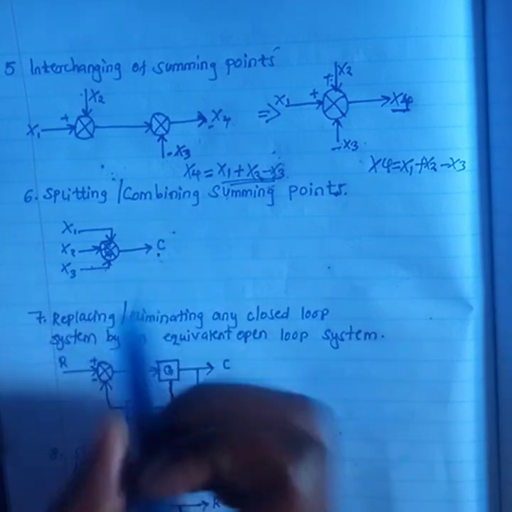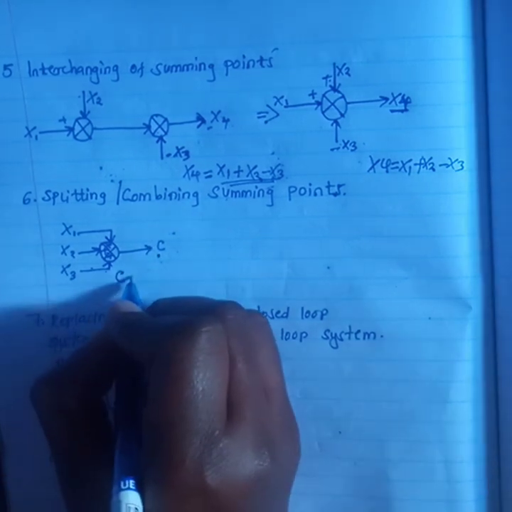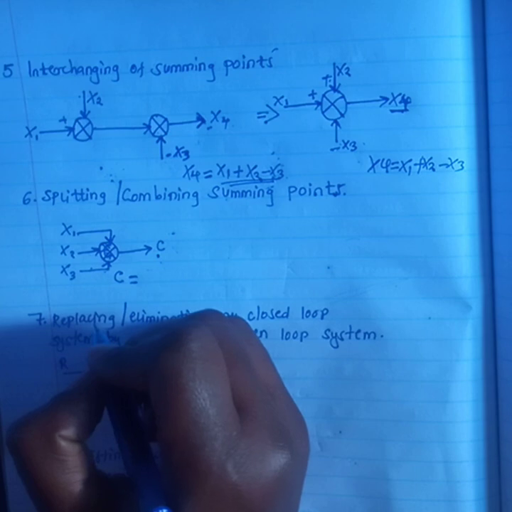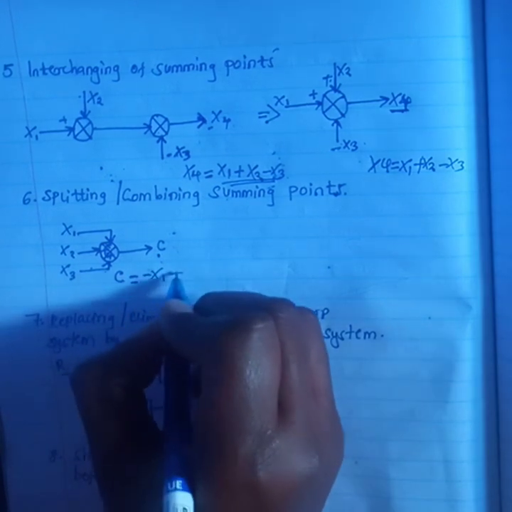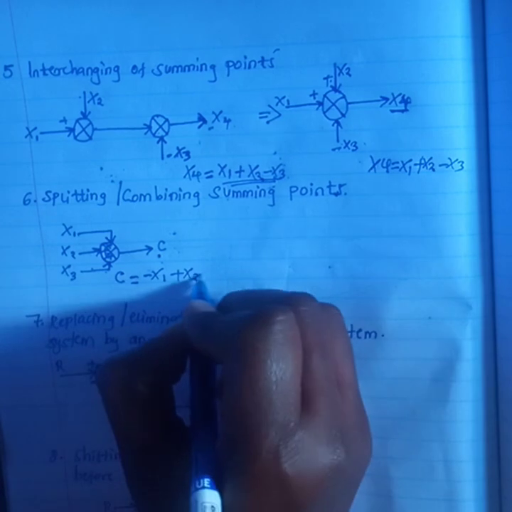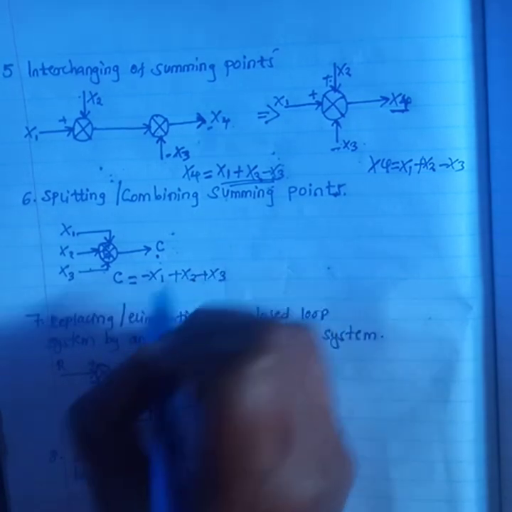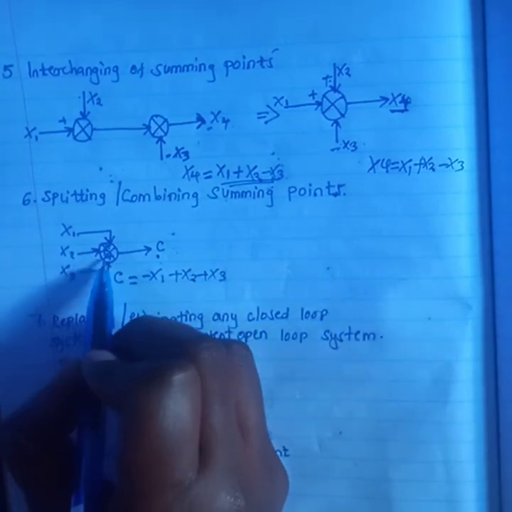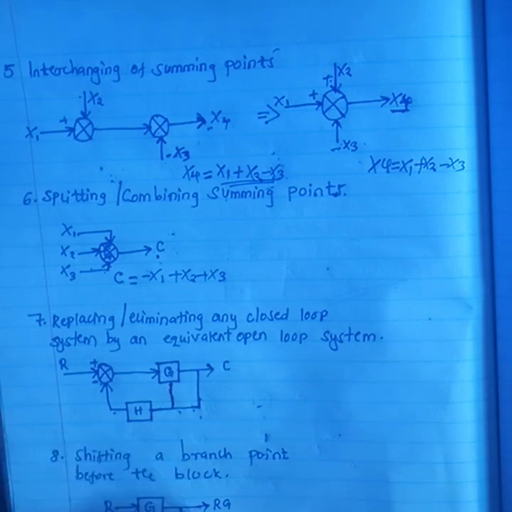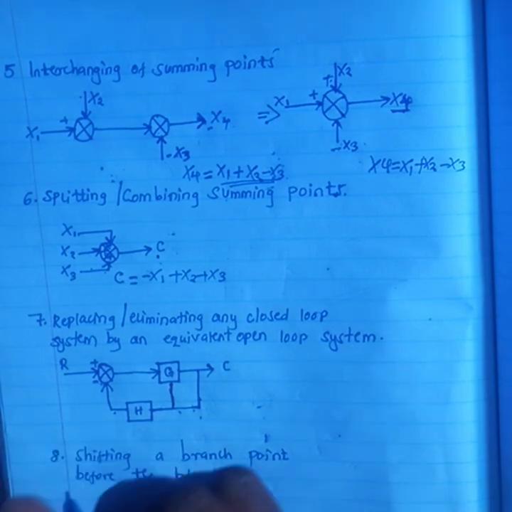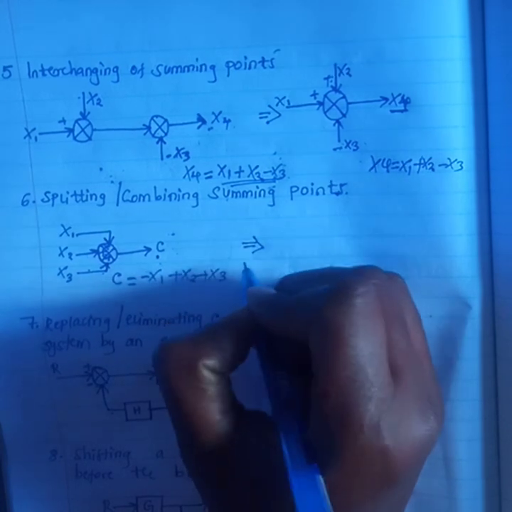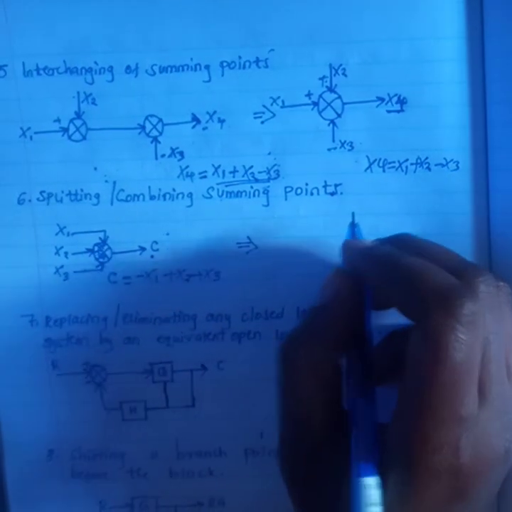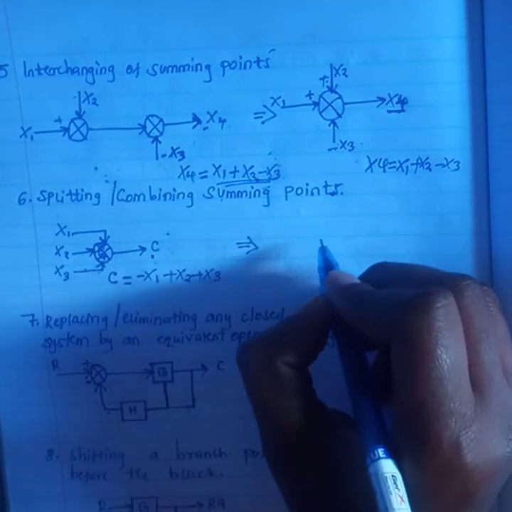So in this case, the output C will be equal to minus x1 plus x2 plus x3, because you can see that these two are positive but x1 is minus. That becomes our output.